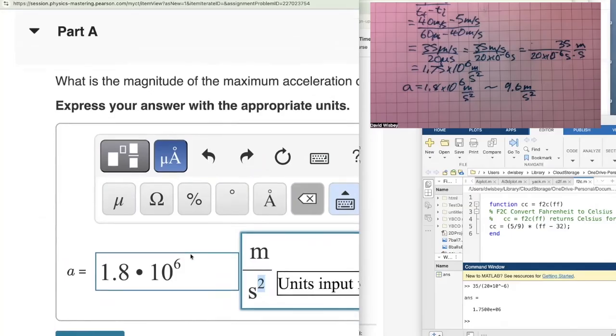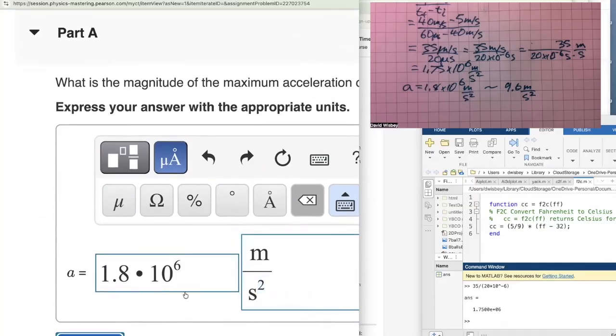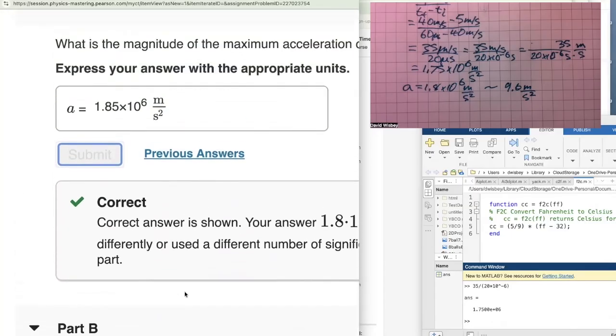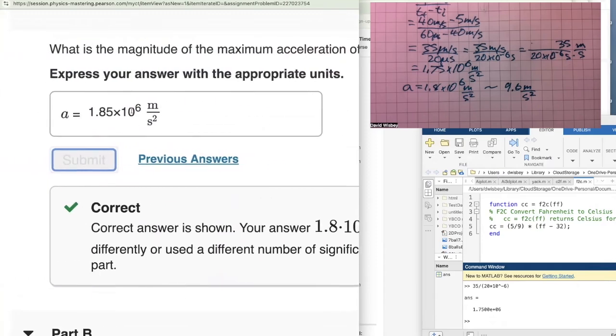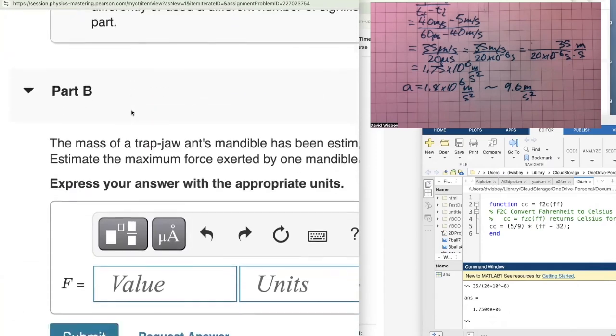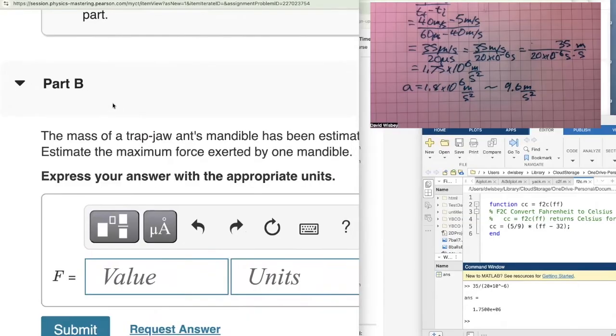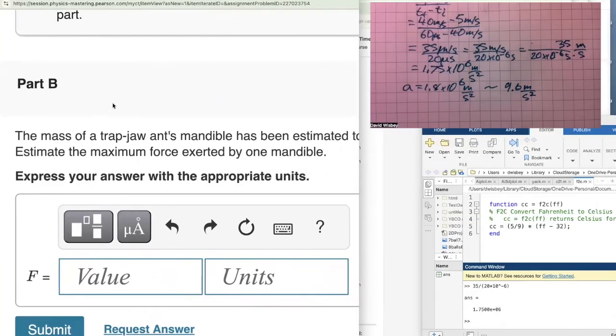There it is. Did we get it correct? All right, we did it. We got it correct. It could have been 1.85. They maybe read the graph a little differently than me, but it's close enough.